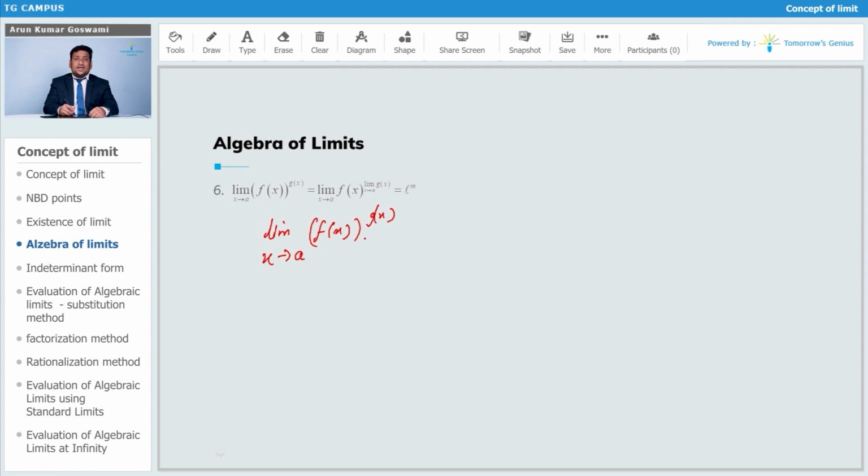Now what I'm trying here is I'm applying the separate limit here. Limit x tends to a f of x, this is one of the functions, and limit x tends to a g of x. So here I applied separately limits in these two functions.